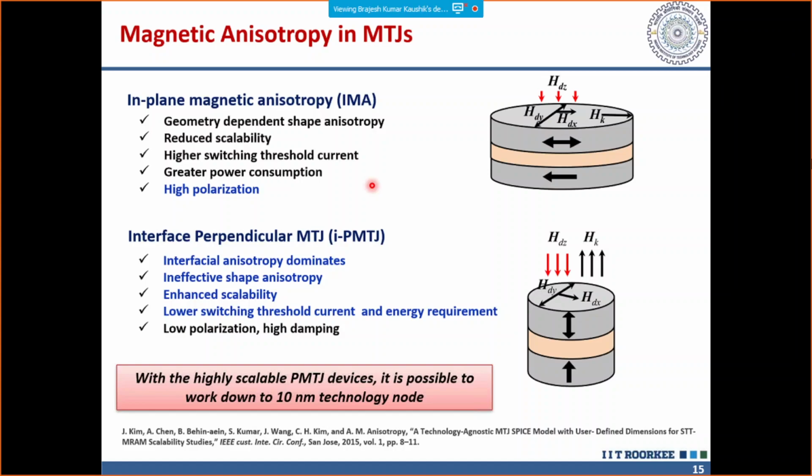But then if you are putting them in parallel or in perpendicular, this is what is shown here. If they are in perpendicular, the interfacial anisotropy starts dominating, and therefore your shape anisotropy becomes ineffective, and that is where you can scale down these kinds of devices to a much greater extent.